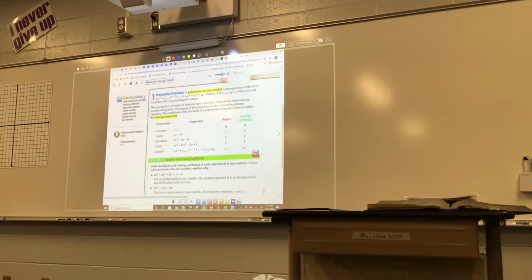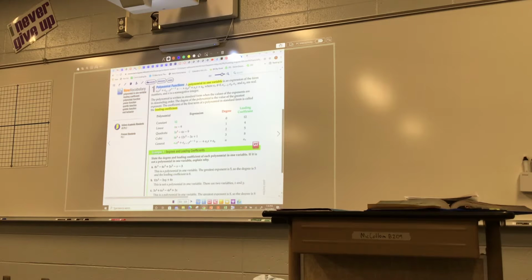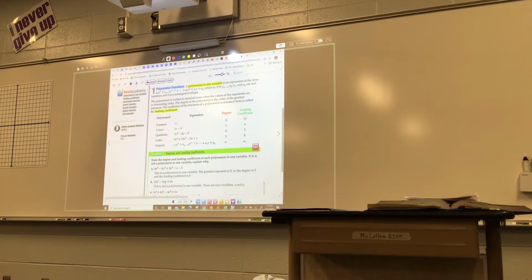If you don't have your textbook, you should be able to see this, and I'll move it down just a bit so you can read what it says there about polynomial functions through example 1.